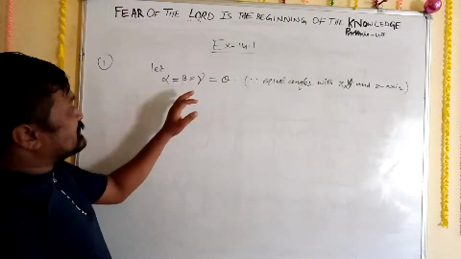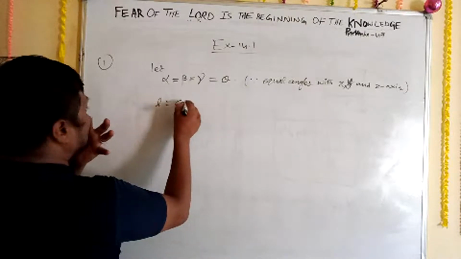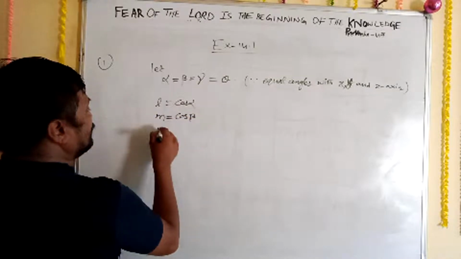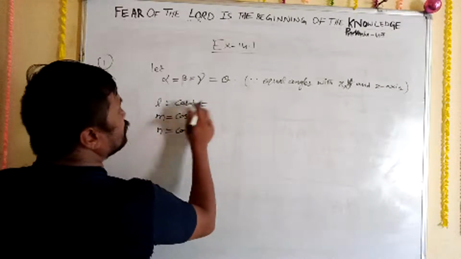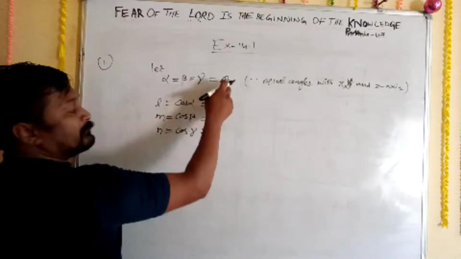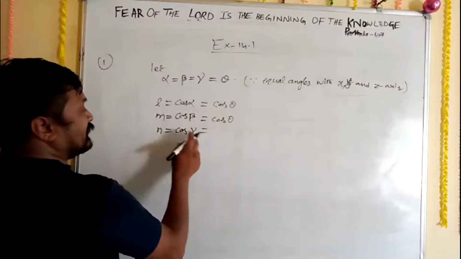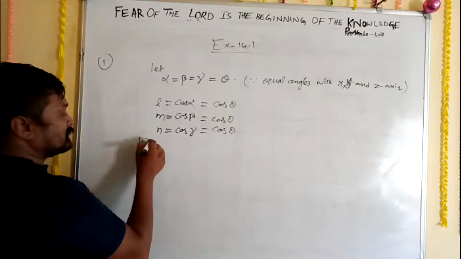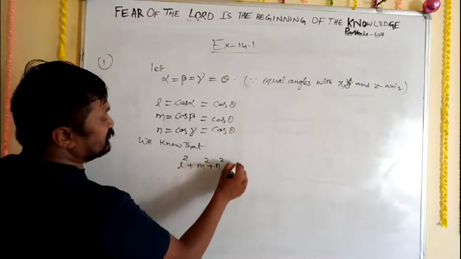Now once you write this, what is your formula? L is equal to cos alpha, M is equal to cos beta, N is equal to cos gamma, that is equal to cos theta, since alpha, beta and gamma are all theta. We know that L square plus M square plus N square is equal to 1.